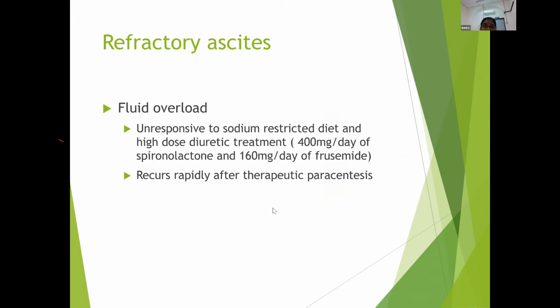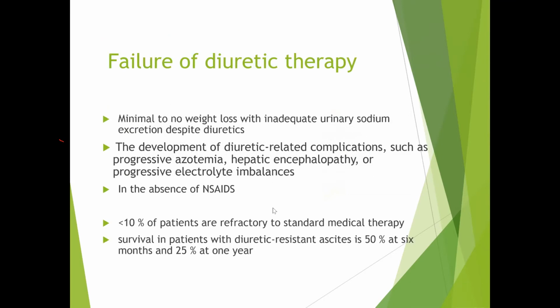It means a fluid overload which is unresponsive to a sodium restricted diet and high dose diuretic treatment, which is 400 milligram per day of spironolactone and 160 milligram per day of furosemide. It recurs rapidly after therapeutic paracentesis. So what is failure of diuretic therapy?